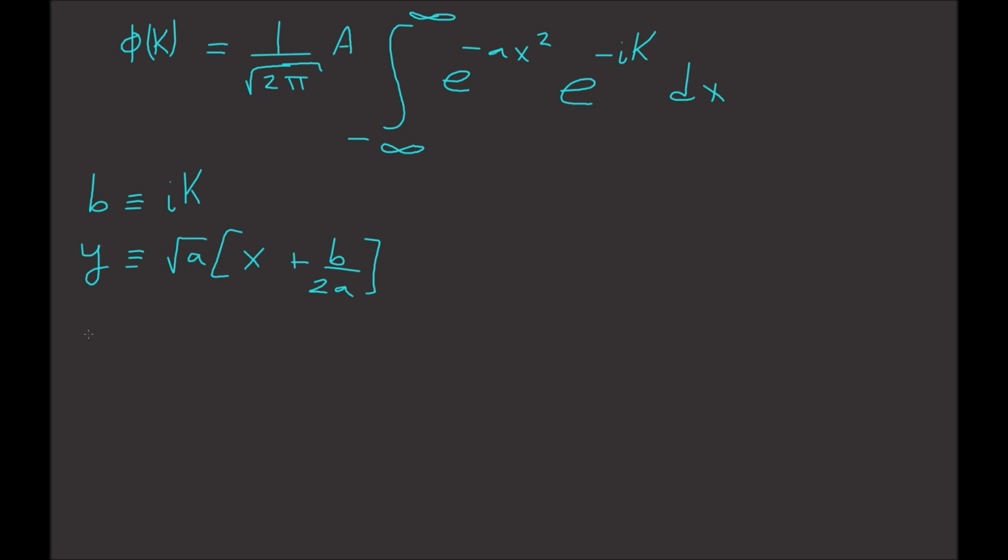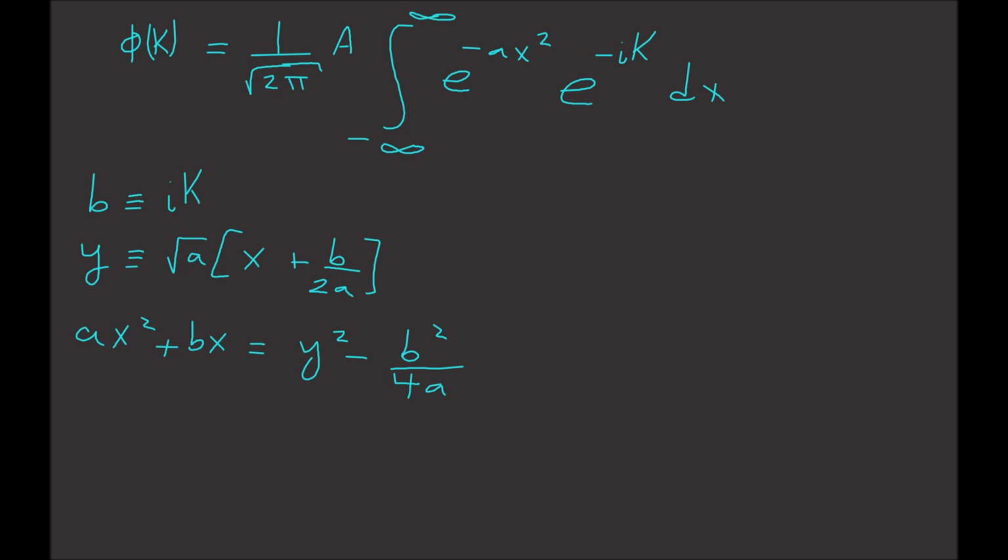And if we solve this equation, a x squared plus bx is going to be equal to y squared minus b squared divided by 4a. If you wonder why we're doing this, you're going to see in a minute.